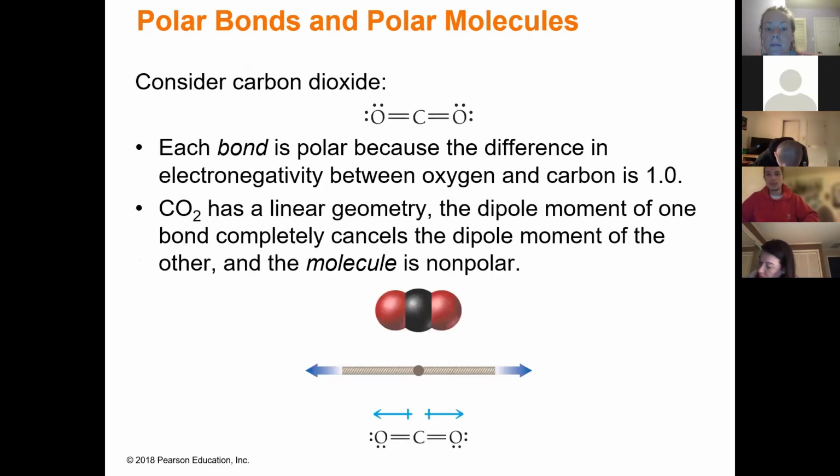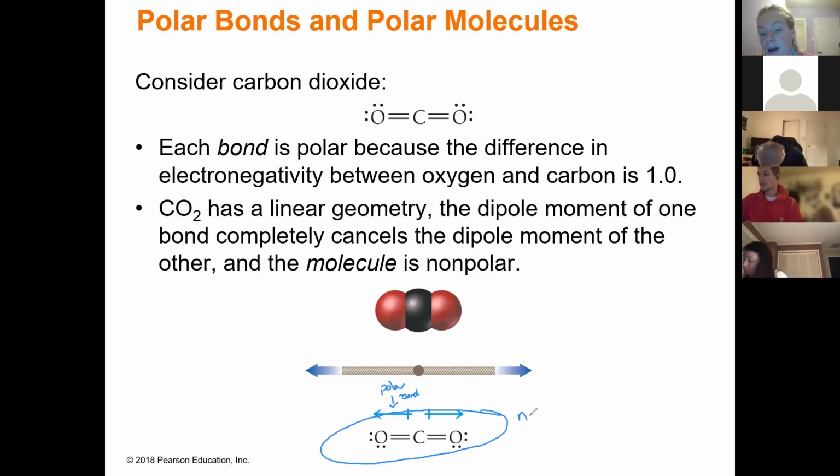So let me show you an example of a balanced situation. The bond between carbon and oxygen in CO2 is a polar bond. They don't share the electrons equally. The electrons hang out by the oxygen more. But the molecule as a whole is nonpolar. Why?